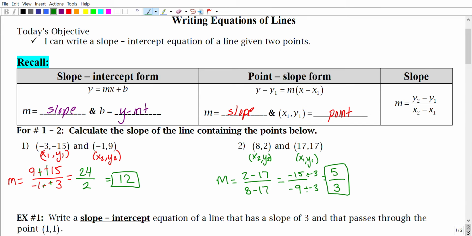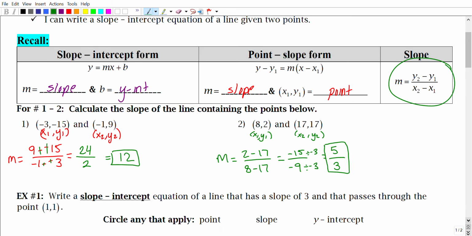Now, if you guys did try it the other way, so let me erase this for a second, if you did try it like this, x1, y1, and x2, y2, you are actually going to get the same answer, okay? But remember, it doesn't matter which one you choose as x1, y1, and x2, y2, as long as you keep it consistent in this formula, okay?